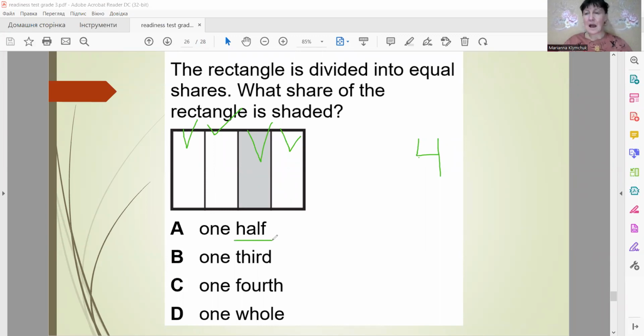If you remember, half means 2 parts. But you don't see 2 parts, so 1/2, no. Is it 1/3? Again, if you remember this word from the end of grade 2, third means 3 parts, but you don't have 3 parts here, you see 4. So 1/4, yes, because you see 4 parts.